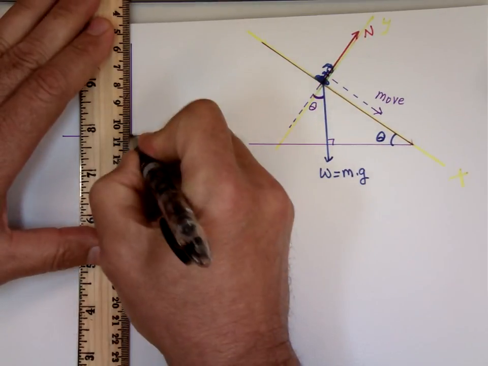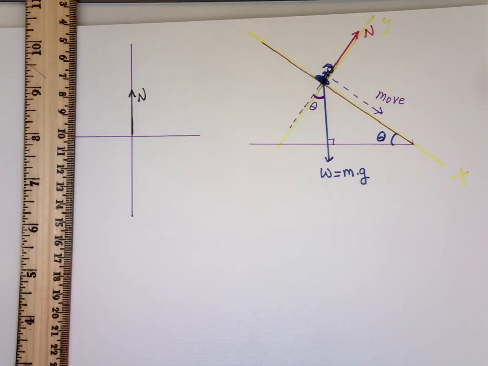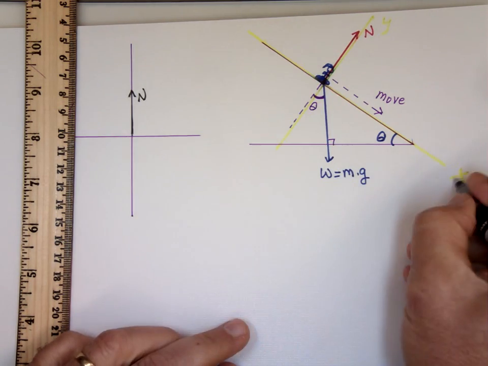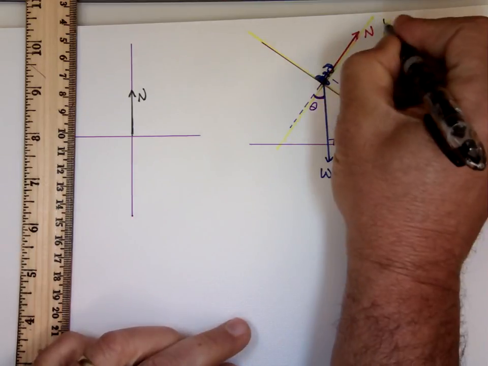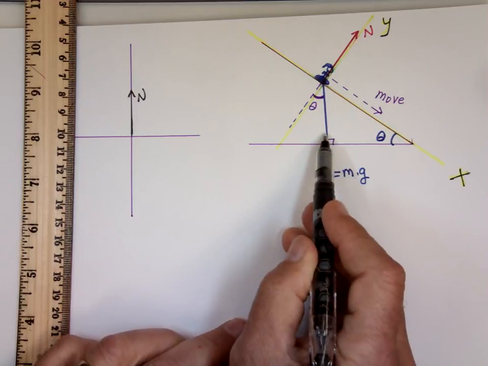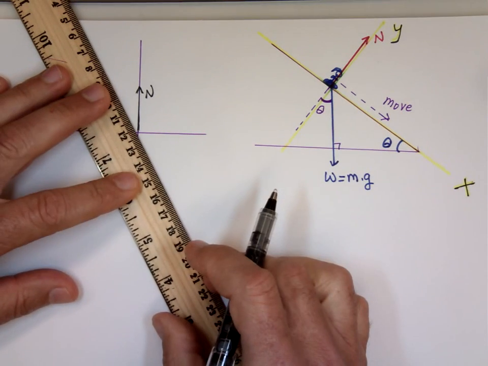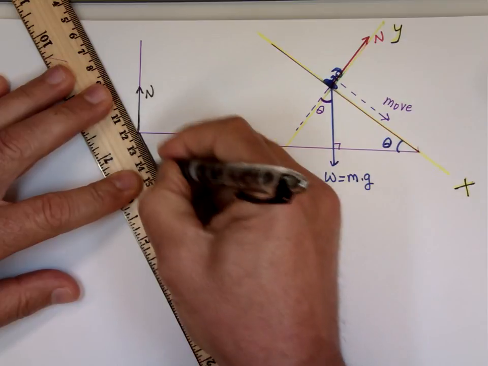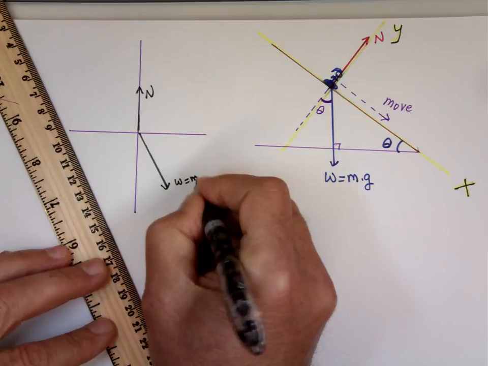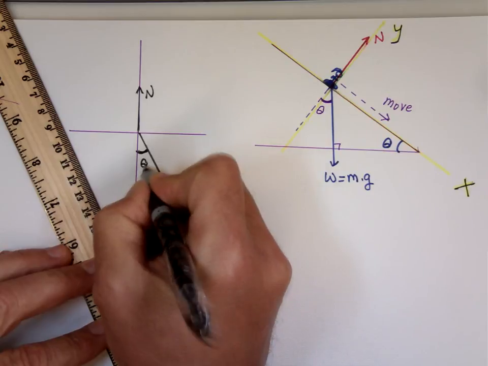The weight is in the fourth quadrant, and it makes an angle theta with the y-axis. So the weight is really in this direction, and notice theta is with respect to the y-axis.